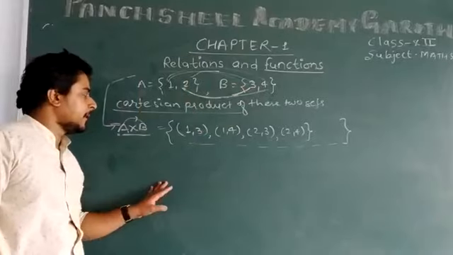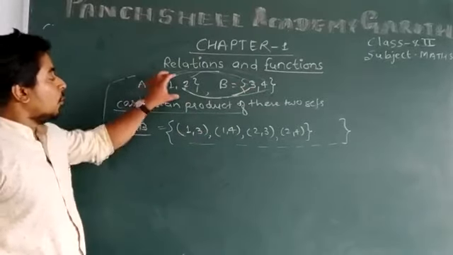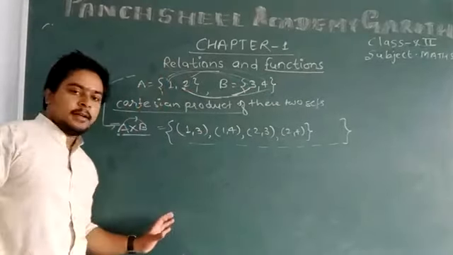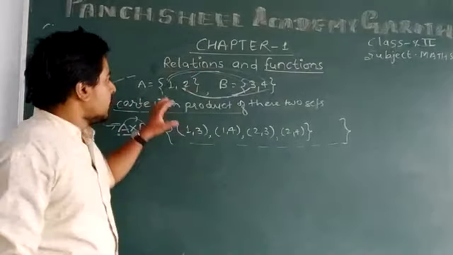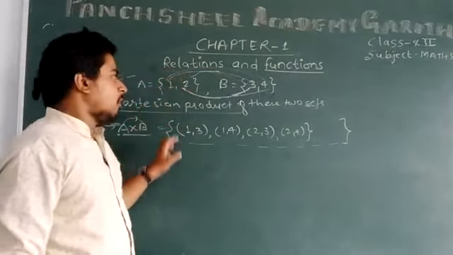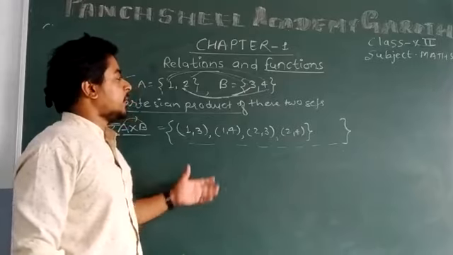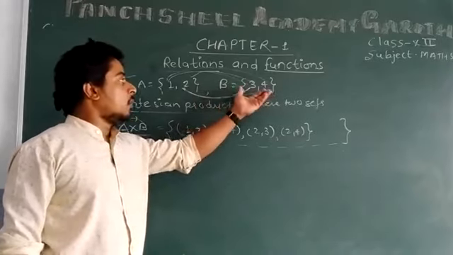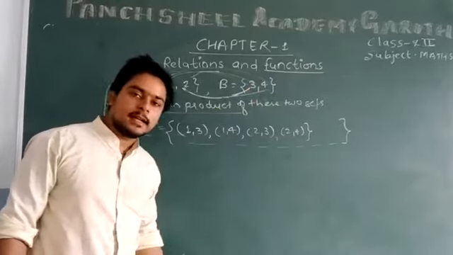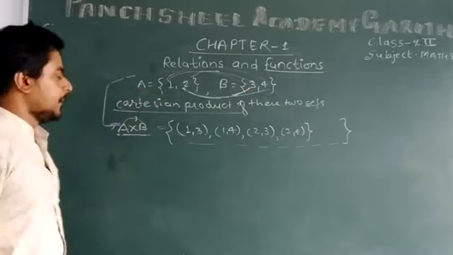By the way, all the elements of the first set A will form all possible ordered pairs with all elements of the second set B.